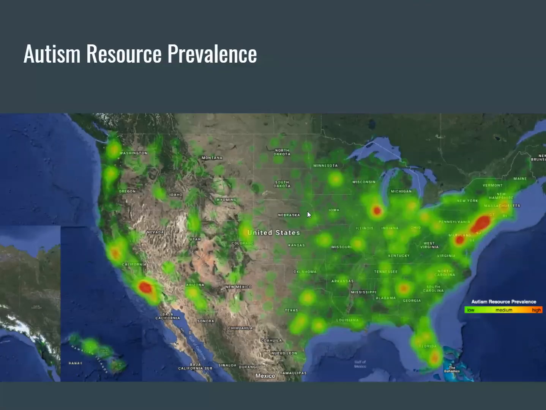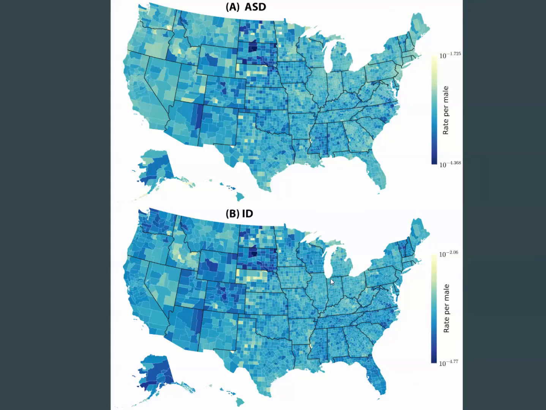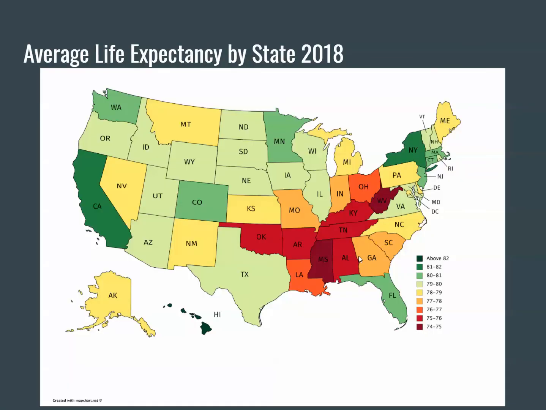One of the interesting things about this is that if we relate at least the top to this, autism resources, in other words, resources for individuals with autism spectrum disorder, are concentrated in certain areas. And one argument often made is that the prevalence of resources may produce higher rates of diagnosis, not necessarily in terms of its absolute presence in a population, but the actual diagnosis. So again, we begin to look at those types of things.